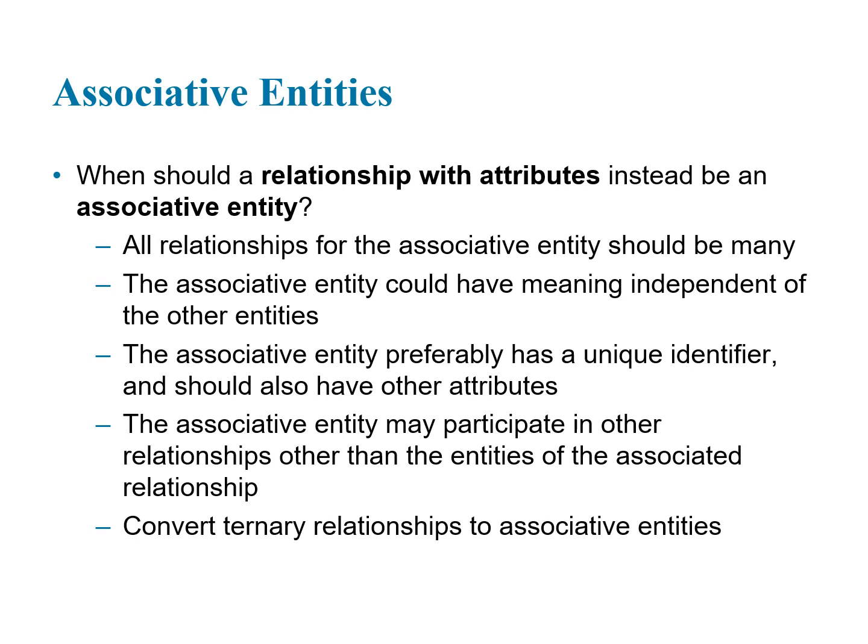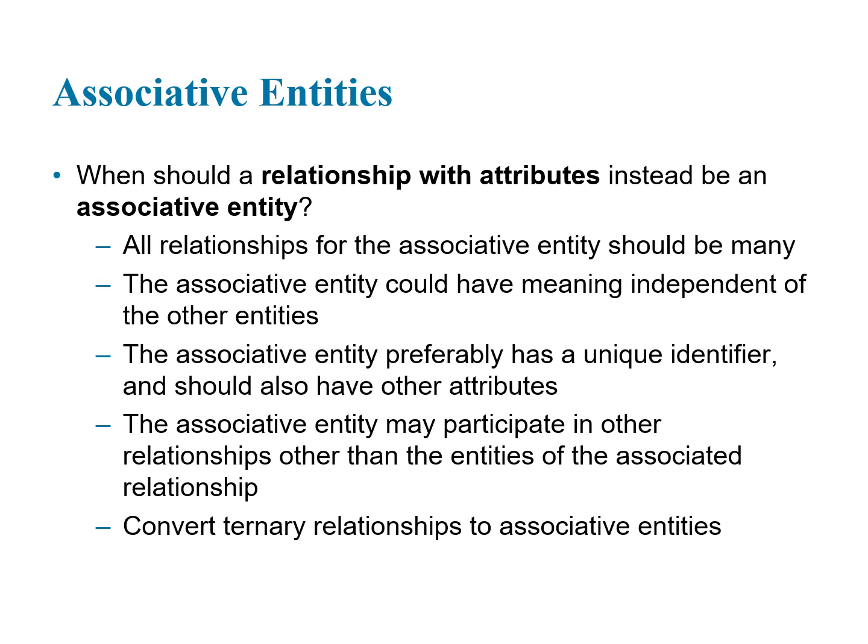The associative entity preferably has a unique identifier and should also have other attributes. The associative entity may participate in other relationships other than the entities of the associative relationship.